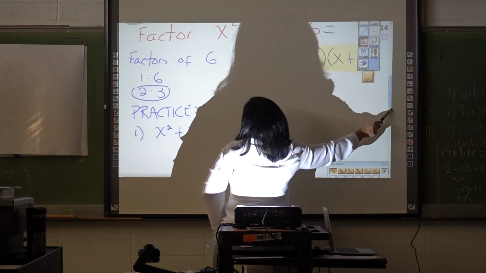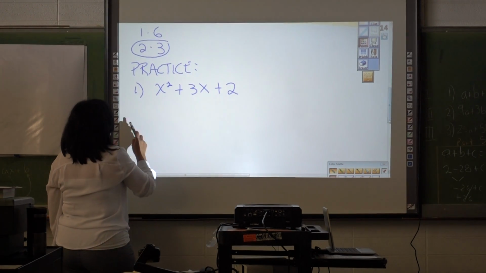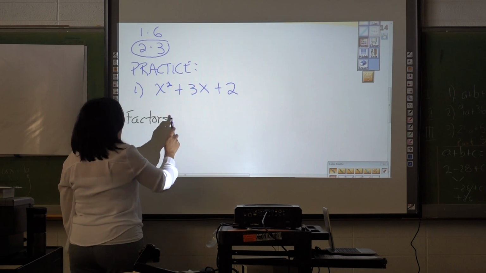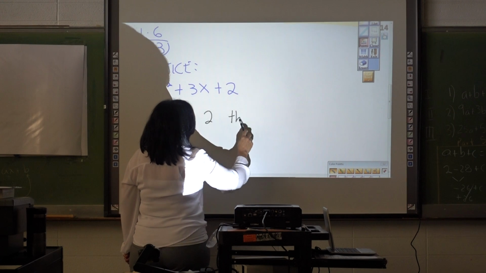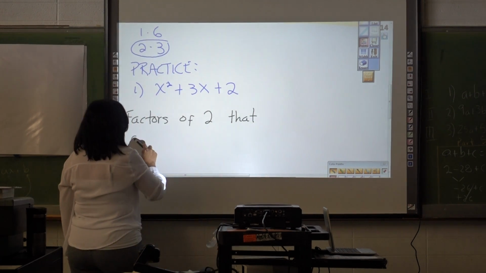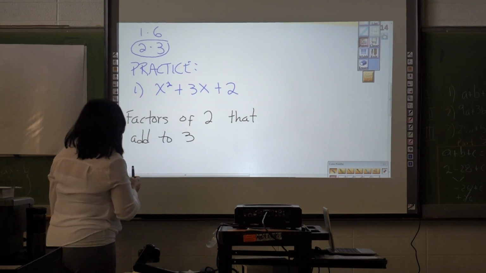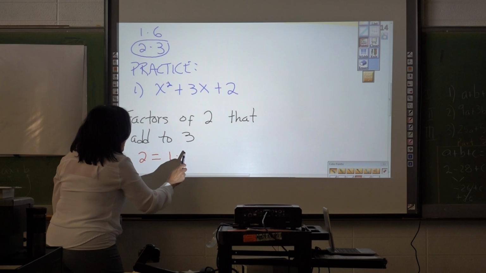Okay, so in this case, we have to find 2 numbers, factors of 2, that add to 3. So start with 2 equals 1 times 2.